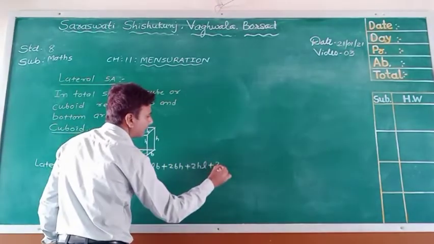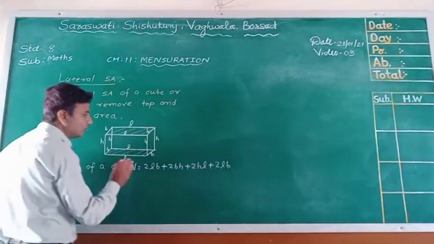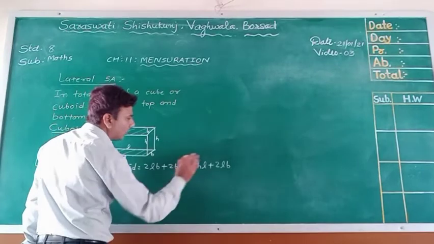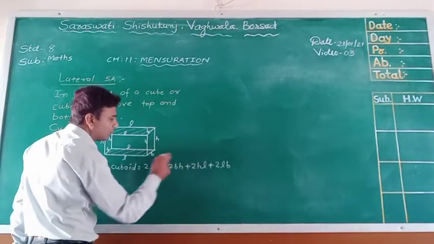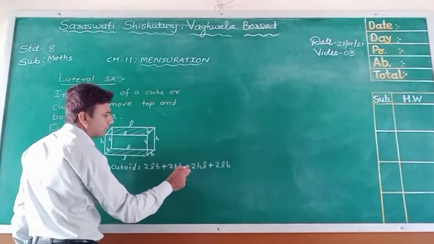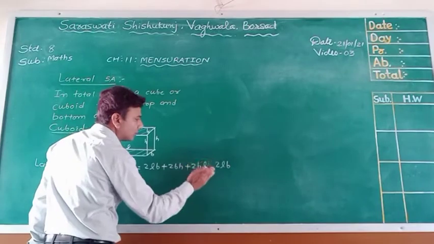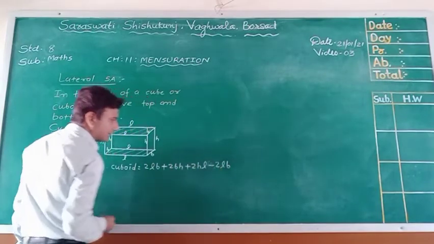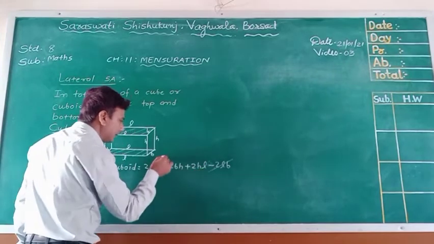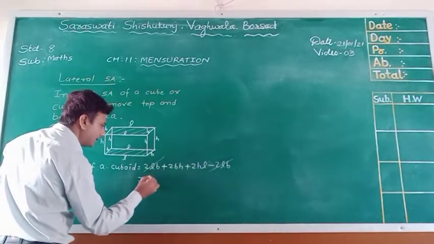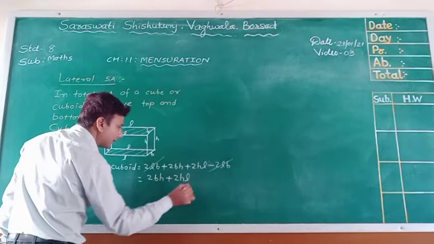So we write 2LB, and we remove this from the total surface area: 2LB plus 2BH plus 2HL minus 2LB. These are like terms, so we can cancel them easily. What remains is 2BH plus 2HL.